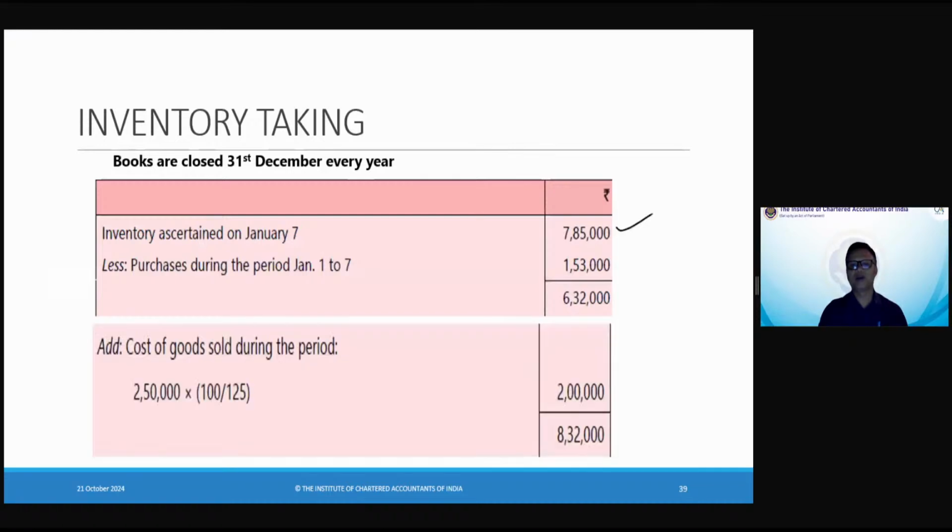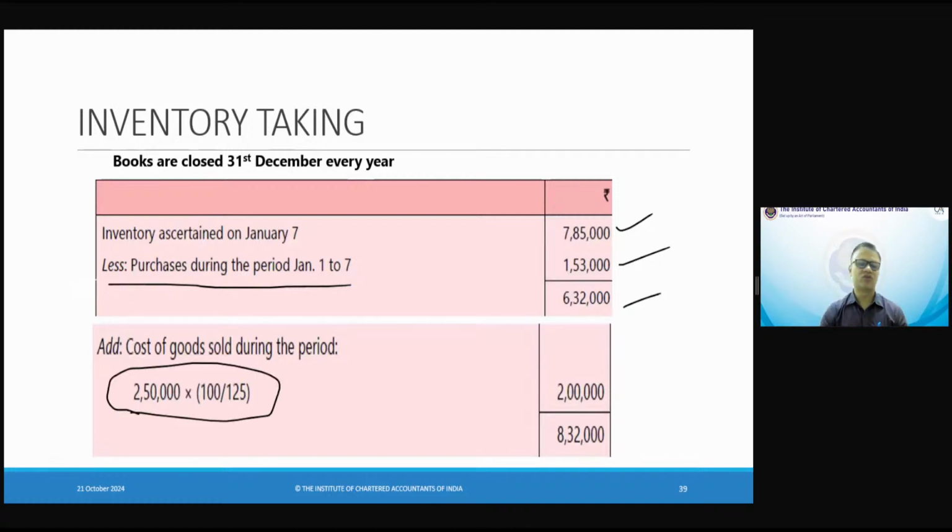Then what we got is the inventory, from which you deducted the purchases because we are going towards the opening stock, and you added the cost of goods sold. So 2,50,000 into 100 by 125 comes to 2 lakhs. When you added it, you are getting 8,32,000. This is the inventory taking as of 31st December when your books are closed, 8,32,000.